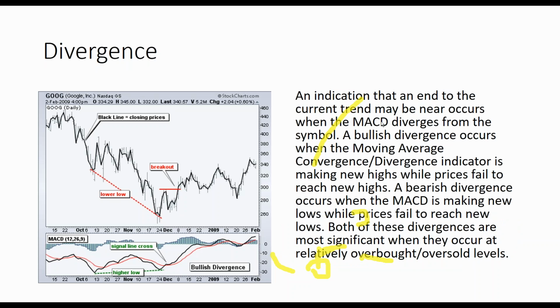Then the third way it is used is for divergence, an indication that the end of the current trend may be near. Let me clear this stuff off. An indication that the end of the current trend may be near occurs when the MACD diverges from the symbol. A bullish divergence occurs when the moving average convergence divergence indicator is making new highs while price fails to reach new highs.